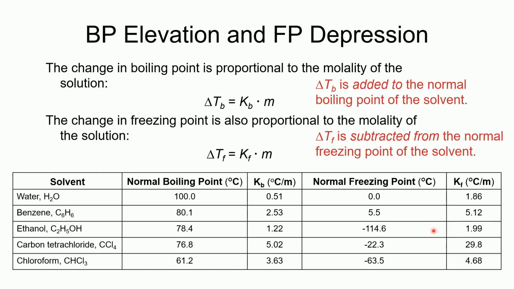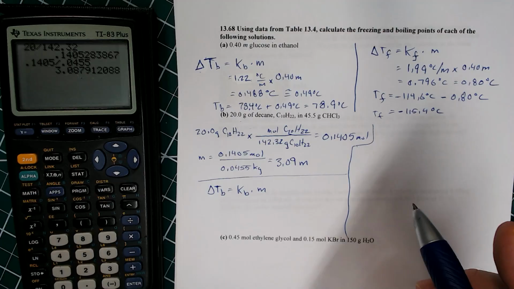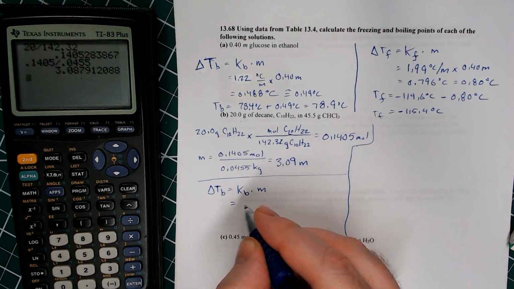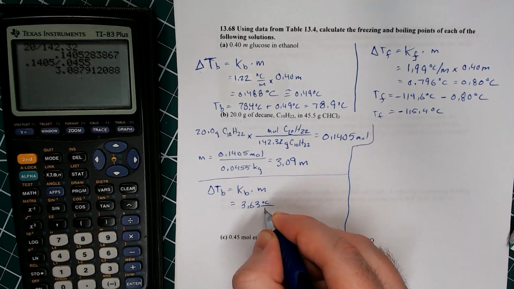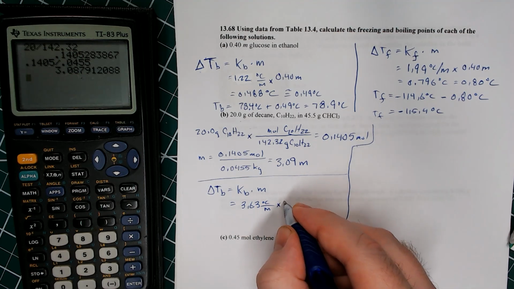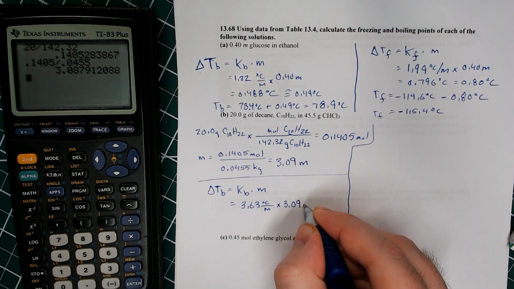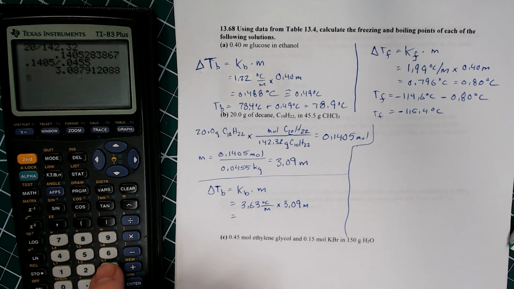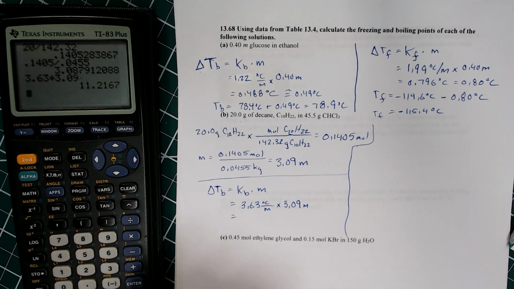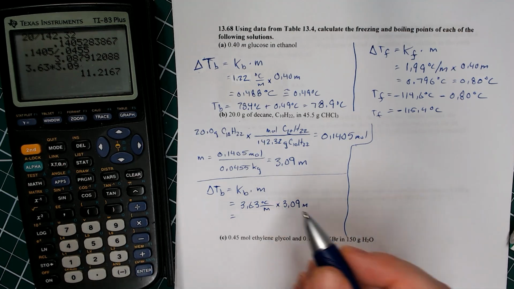So we're going to go back over here on this table, CHCl3, and our KB is 3.63 degrees Celsius per molal. So 3.63 degrees Celsius per molal times 3.09 molal. So 3.63 times 3.09, and with 3 sig figs there, we'll just call that 11.2.